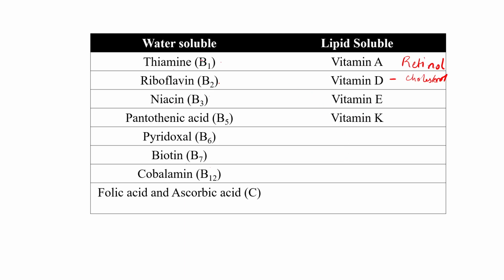Among these we remember thiamine, that is vitamin B1, the active form is TPP, the cofactor is TPP, involved in decarboxylation of beta keto acid and transketolase reaction. Vitamin B2 riboflavin, the cofactor is FAD, involved in the redox reaction where FAD is reduced to FADH2.